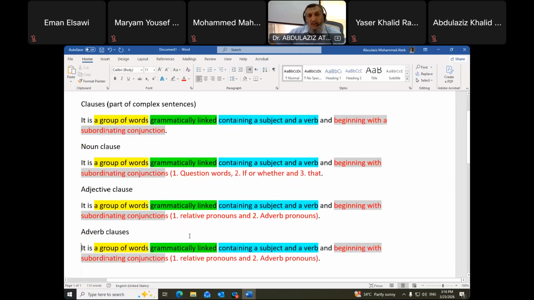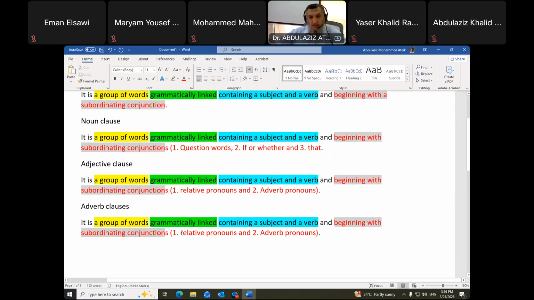Then the difference is here. Number 1, we have time conjunctions. There are too many conjunctions. We have place conjunctions.